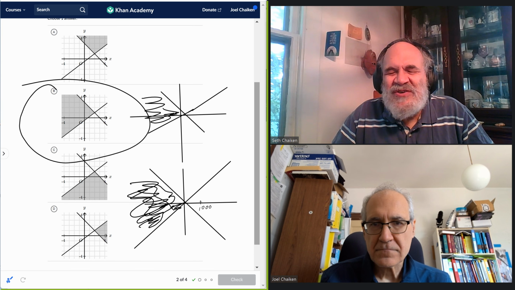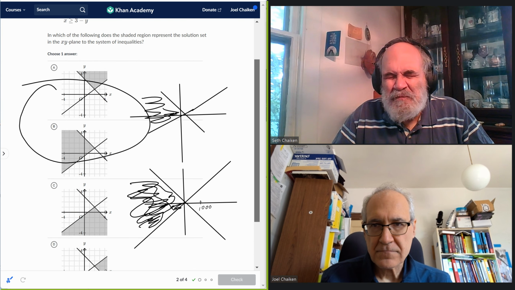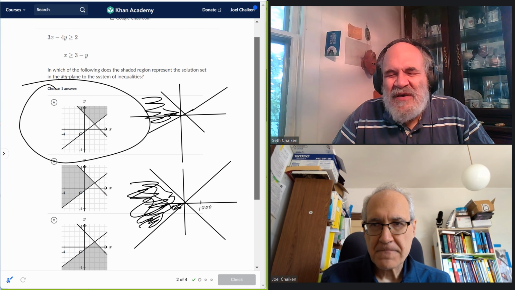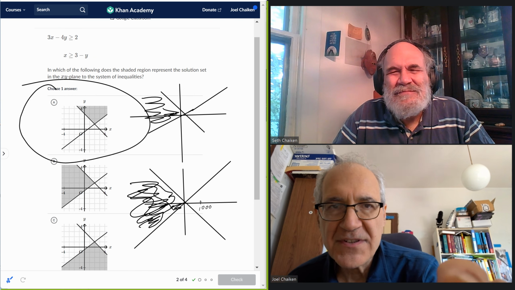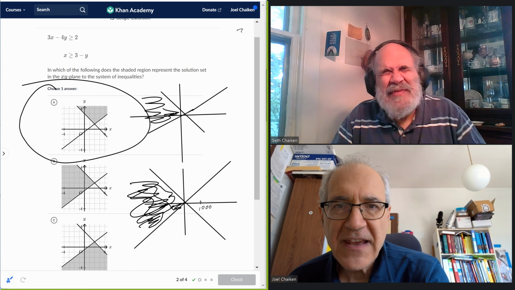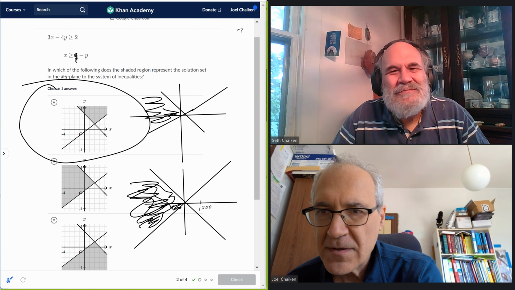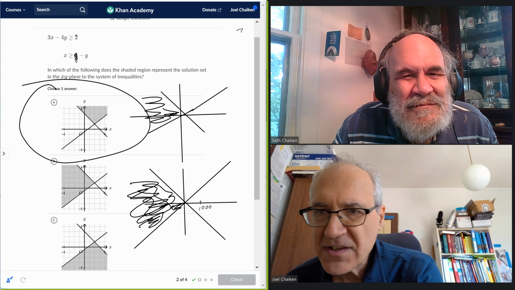The coefficients determine the slopes of the boundary of the inequality region. Oh, I see. So Seth is saying just ignore the 3 and just ignore the 2.